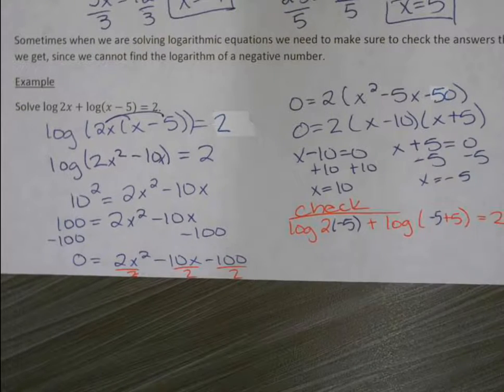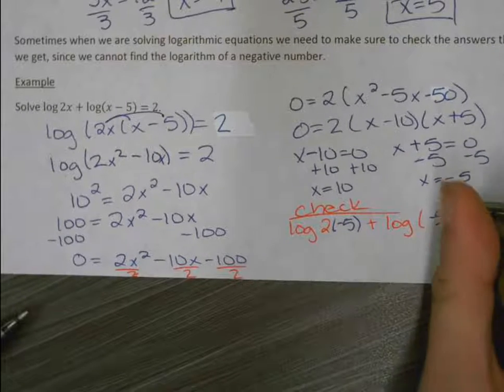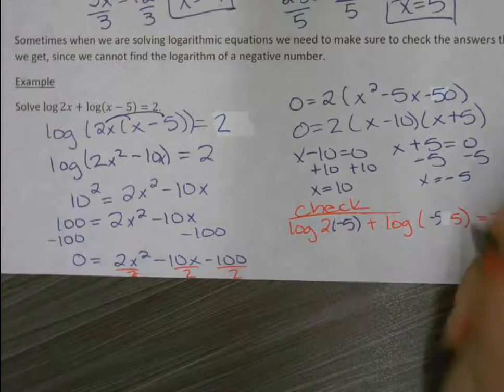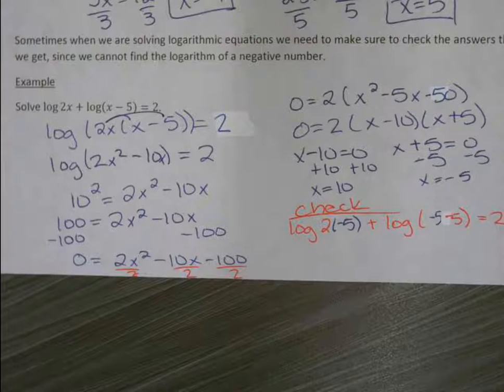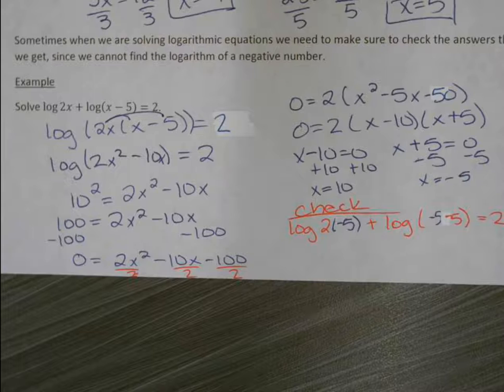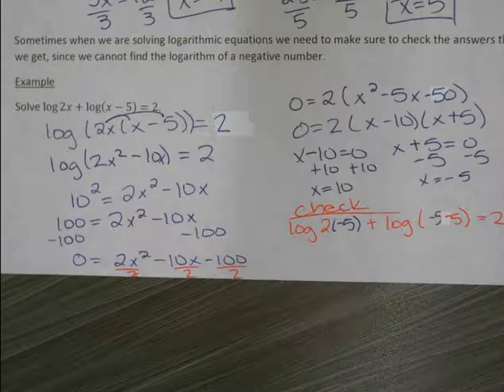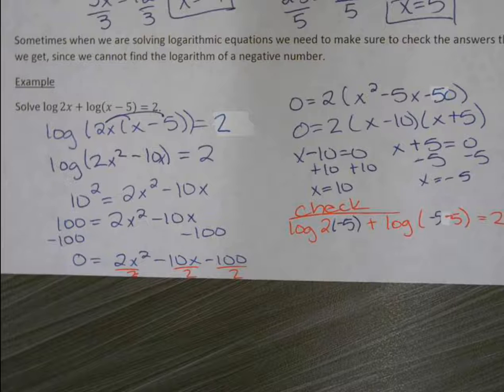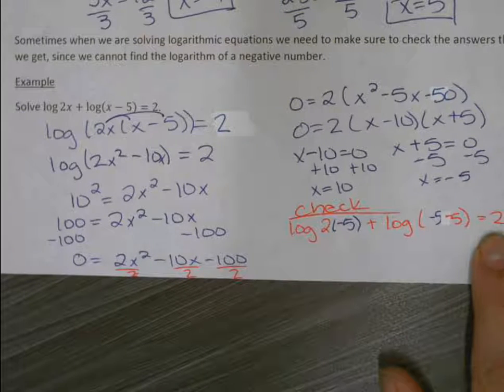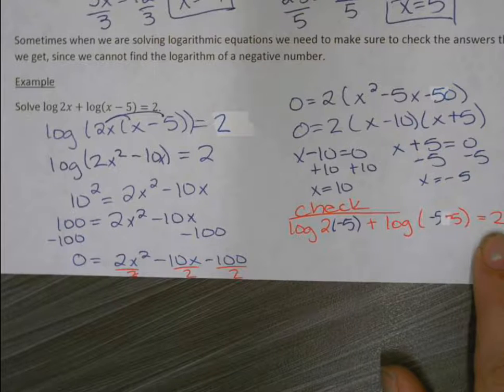Okay. So what does the calculator give me? Oh, I typed a mistake. Yeah, it's still minus. I just wrote it wrong. It should be 2 because that's what I have on the right side. So when I type it in the calculator, I'm looking for 2.